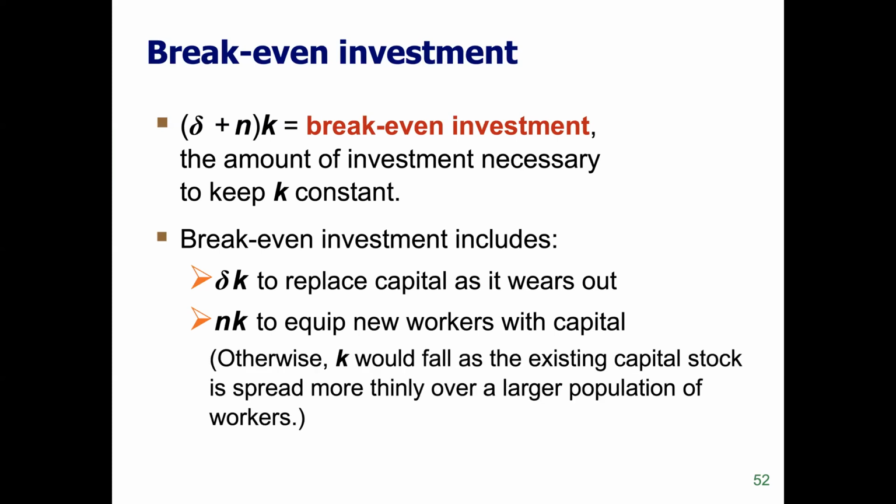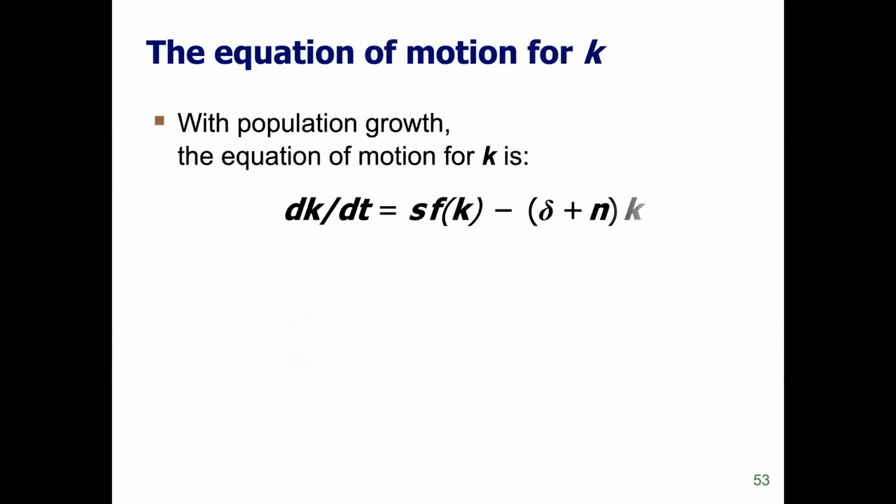Otherwise, the existing capital stock will be spread more thinly over a larger population of workers if you didn't have the nK. So now, with population growth, the equation of motion for K looks like this. dK/dt equals sf(K) minus (delta plus n) times K. That is the quantity (delta plus n) times K.